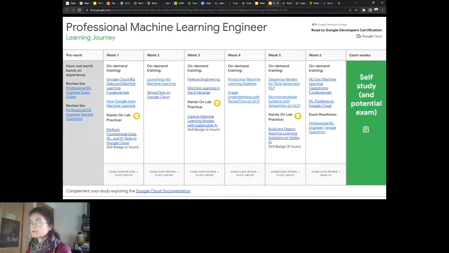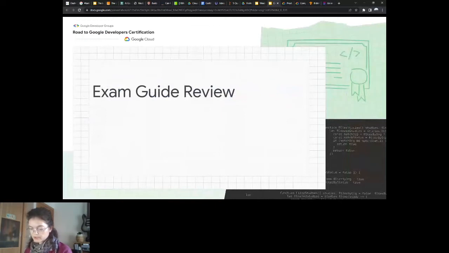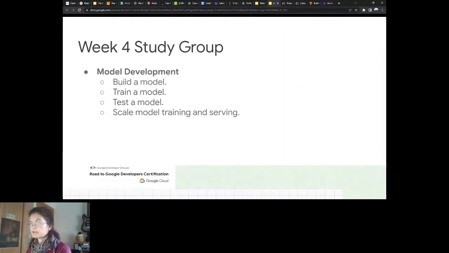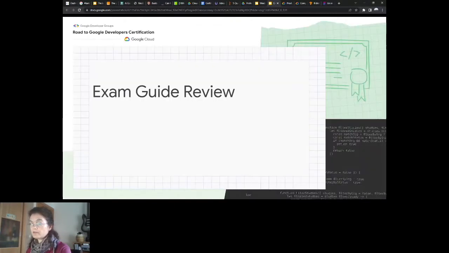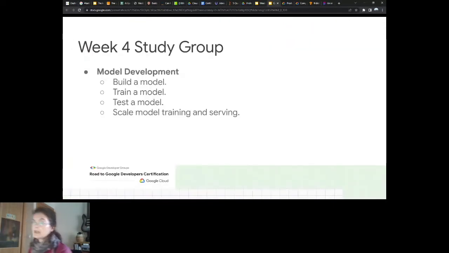And yeah, let's go and try to start covering what I prepared today. For the exam guide, we will do the sample exam questions later. So in this particular week, what we want to discuss and maybe reflect a bit on is, when you are developing a machine learning model, which are the important, relevant things that you need to cover, right?